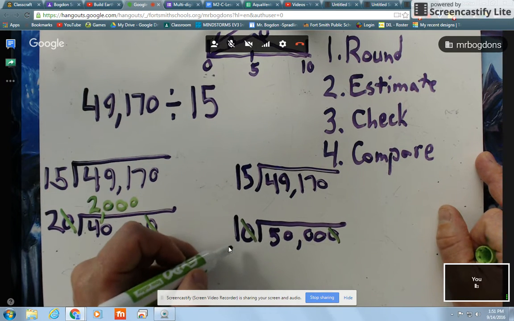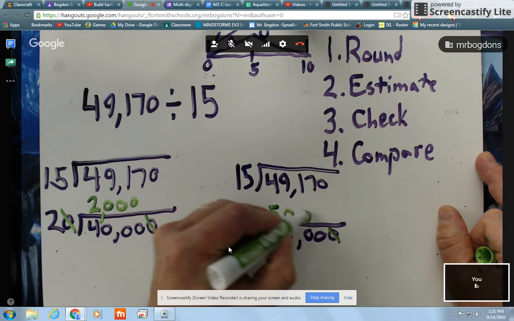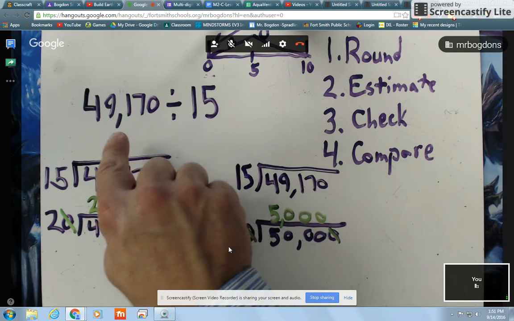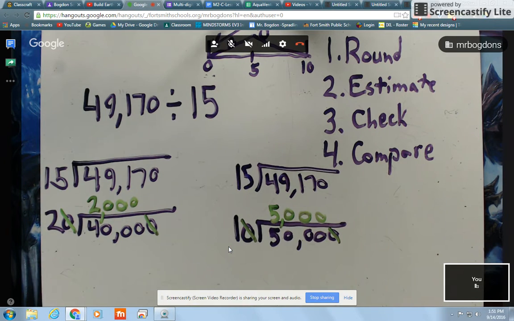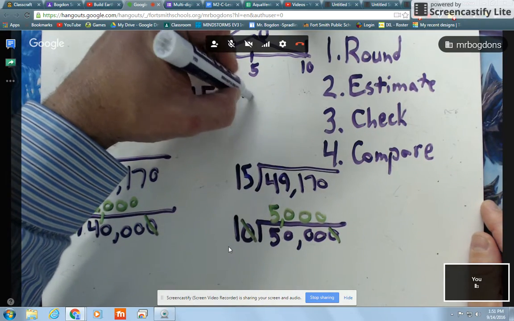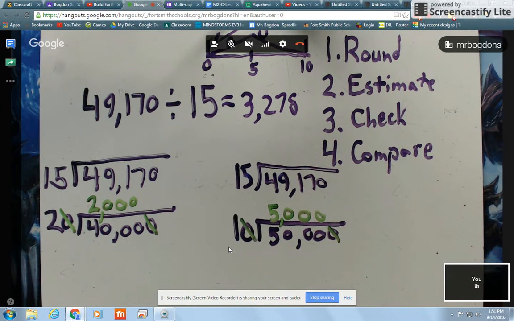How many times will 1 go into 5? And I had 3 zeros. Okay. Anybody divide 49,170 by 15? Okay.